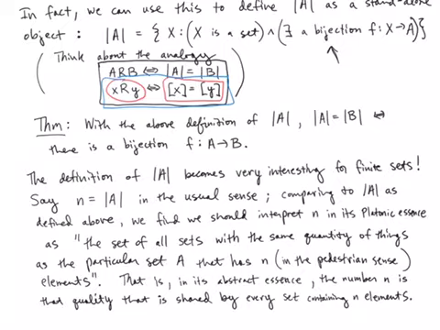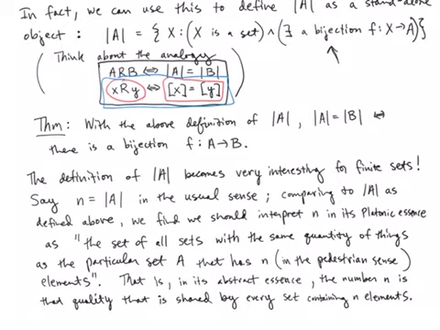Now, compare this equality, n equals cardinality of A, to the definition of the cardinality of A above. The cardinality of A defined above is the set of all sets X which are in bijection with this particular set A of n elements. So it's the set of all sets which have n elements in the usual sense.